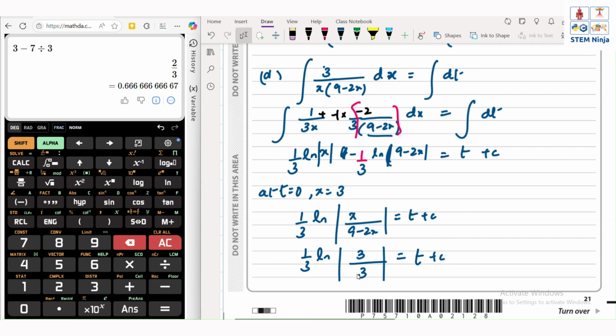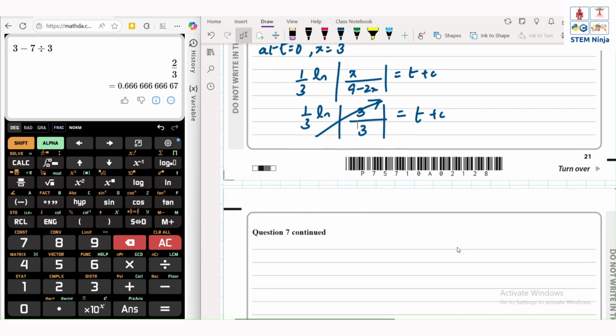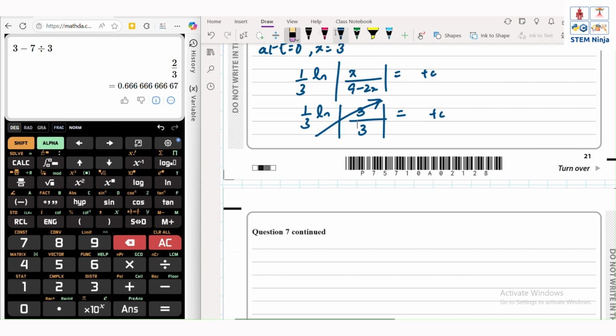So ln 3 over 3 just becomes ln 1, so it cancels out. So that means, oh sorry, t is also equal to 0. So this would mean that c is equal to 0 also.